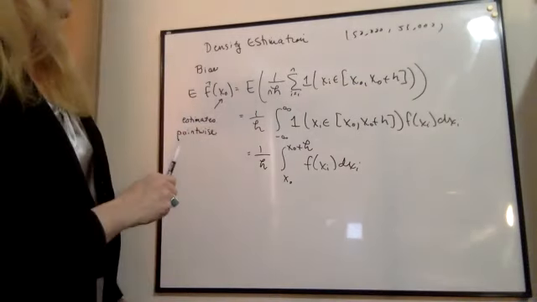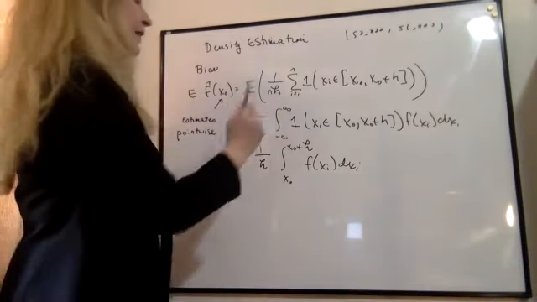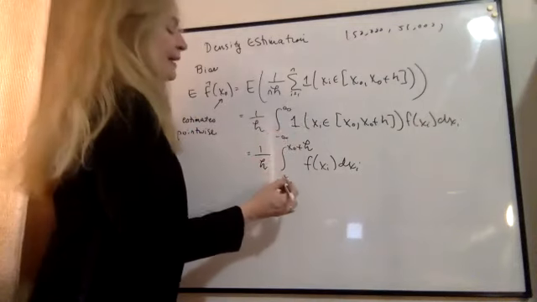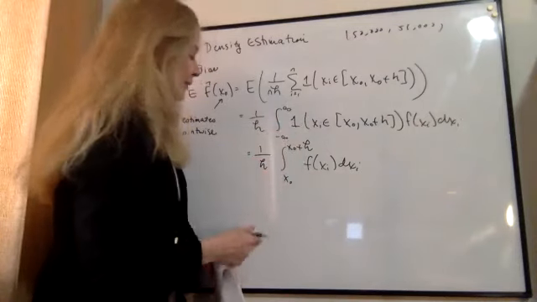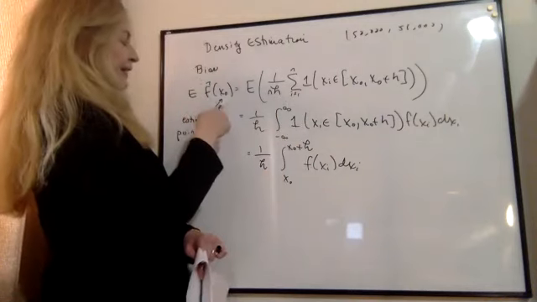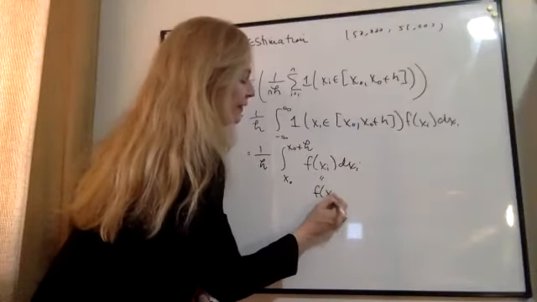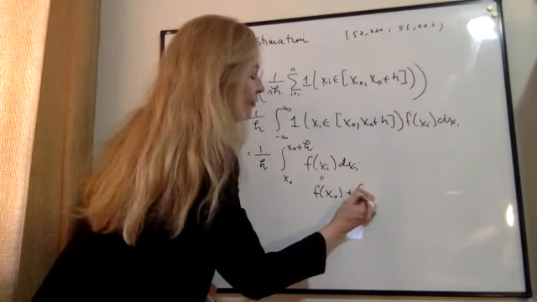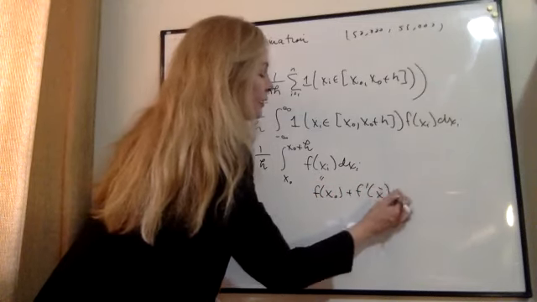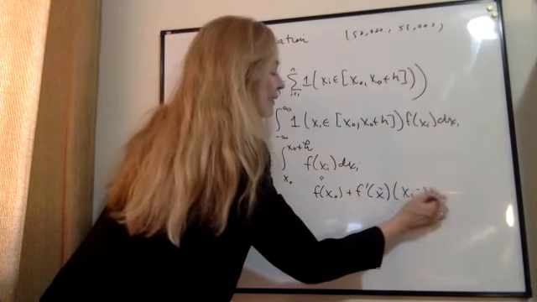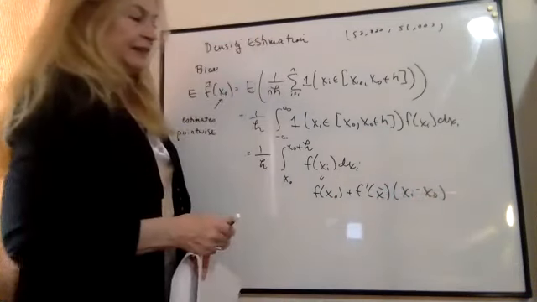Okay, so to analyze bias, we take the expectation. Now, at this point, we're trying to estimate f of x naught. So you do a Taylor expansion: f of x naught plus f prime of x bar times xi minus x naught. It's actually an exact Taylor expansion.